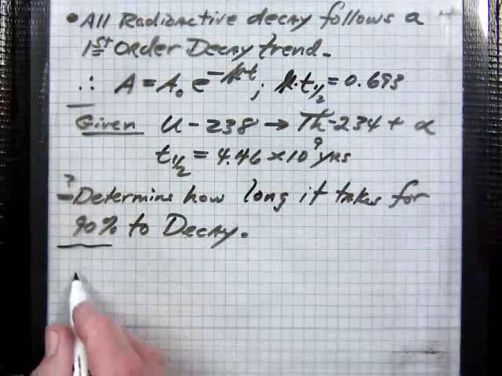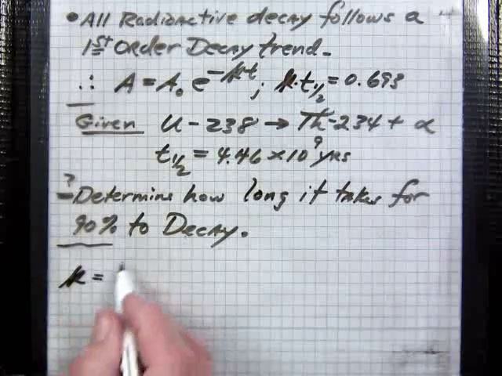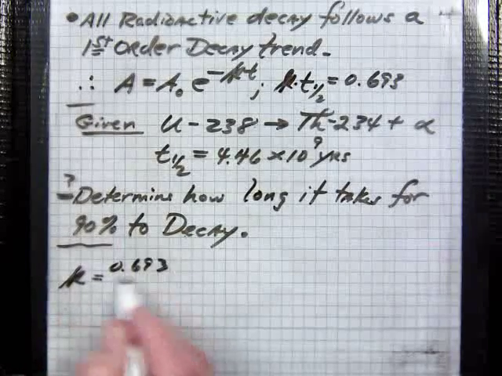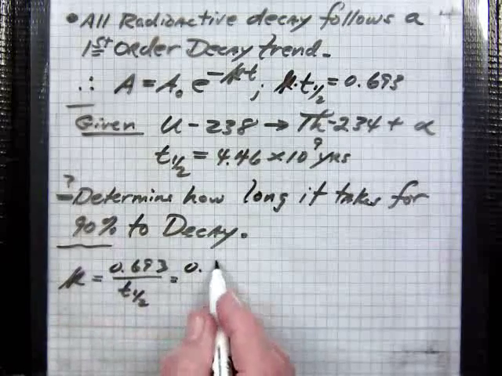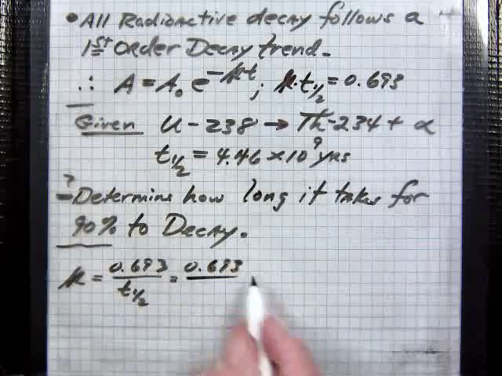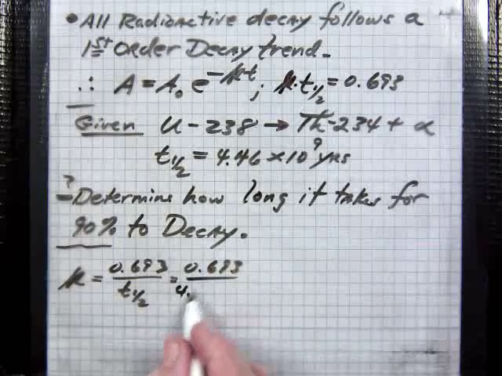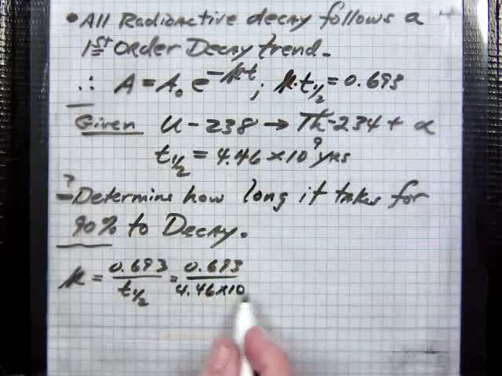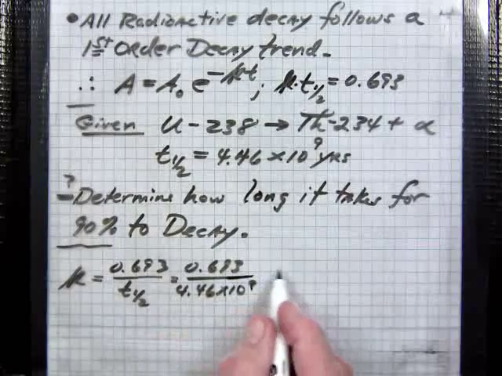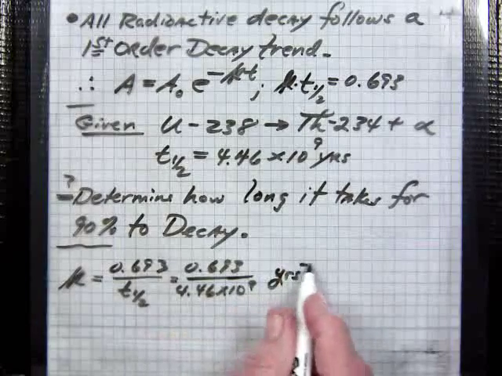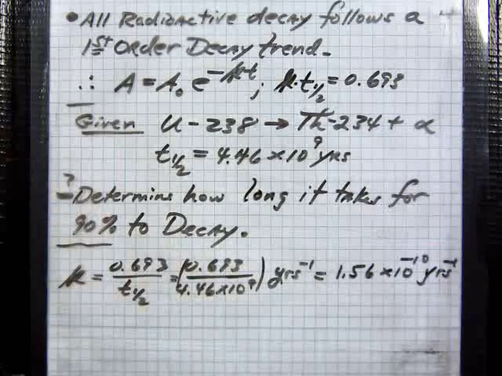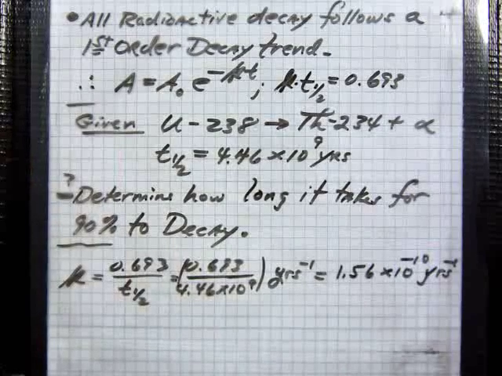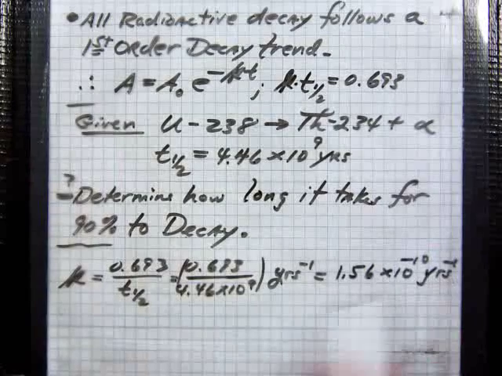So K value, 0.693 over the half-life, would of course be 0.693 divided by 4.46 times 10 to the ninth, and that will come out in reciprocal years. I got 1.56 times 10 to the minus 10 per year.